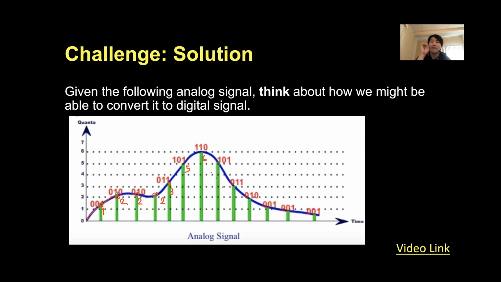We only care about positions where we're sampling. So the only information we'll have after digitizing this signal is 1, 2, 2, 2, 3, 5, 6. Instead of having all these continuous values, we now have distinct values.